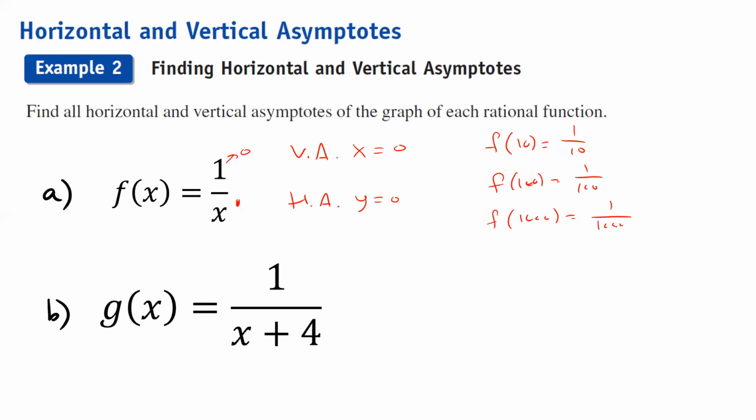Same thing happens on the other side, as I go to 1 over negative 100. But notice that number, because it's just a 1 on top, it's a unit fraction, right? So the bigger the denominator gets, the closer that number is going to 0. And that's essentially what a horizontal asymptote is. We're good? So y is equal to 0. Okay, are we good there?